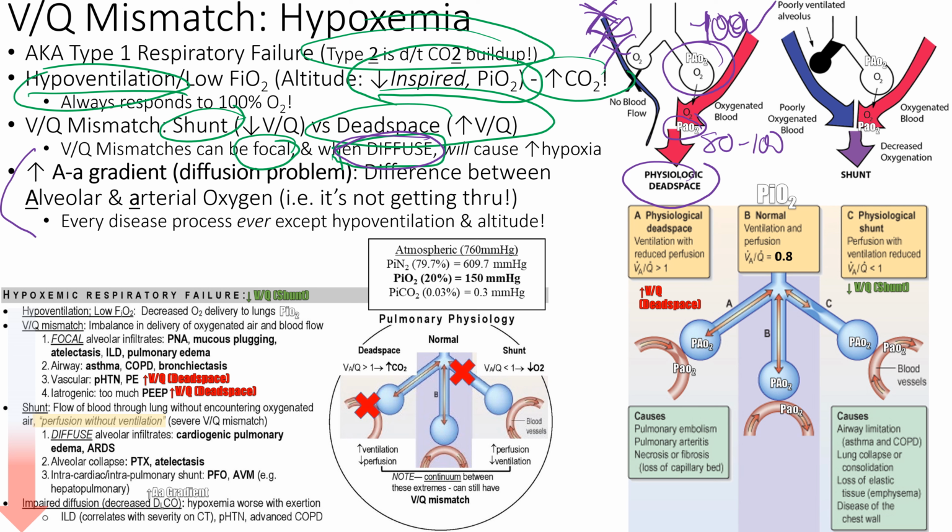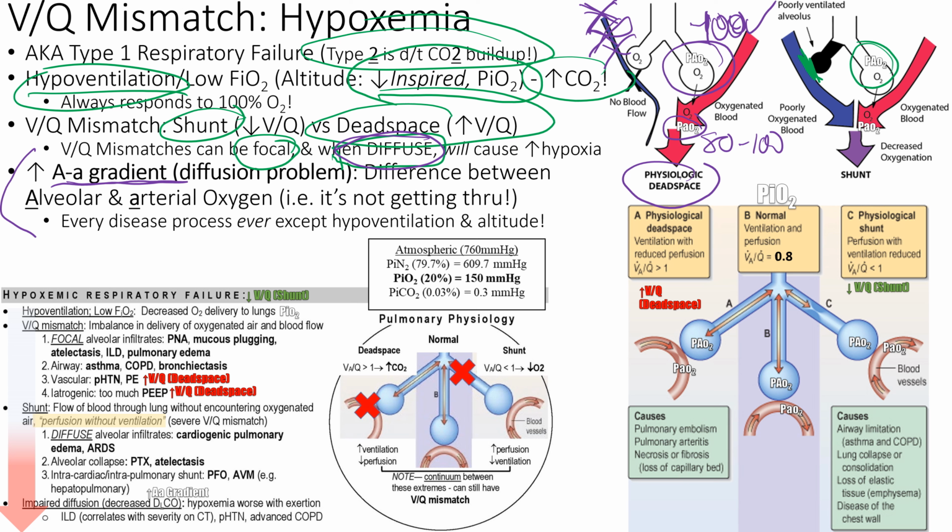So the AA gradient, we talked about it before, but to apply it, now we have a PO2 on one side and a little a PO2 on the other side. So maybe there is something in the way, right? You've got something in the way that's making it difficult for the oxygen in the alveoli to be elevated in the blood. There's a diffusion restriction, like in fibrosis.